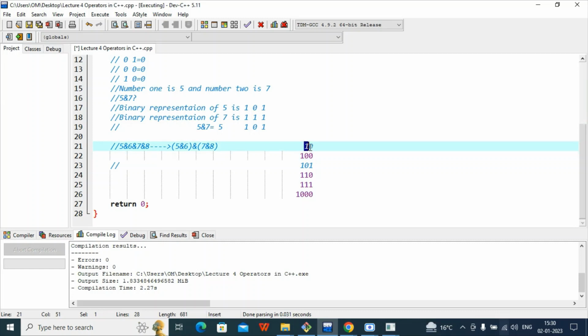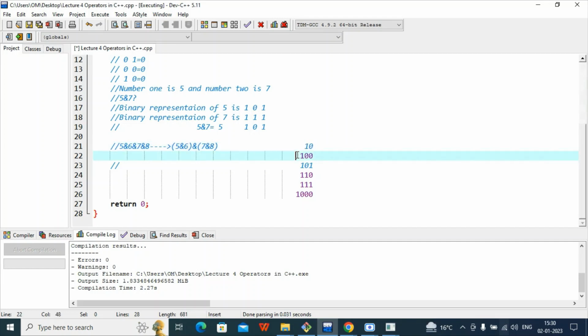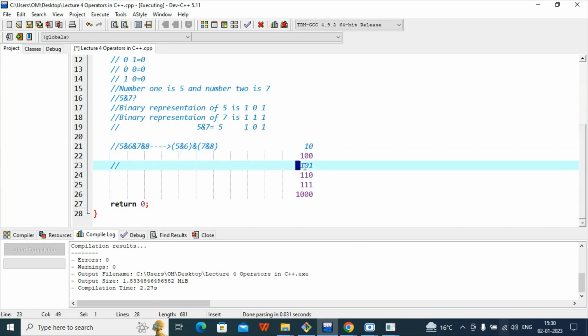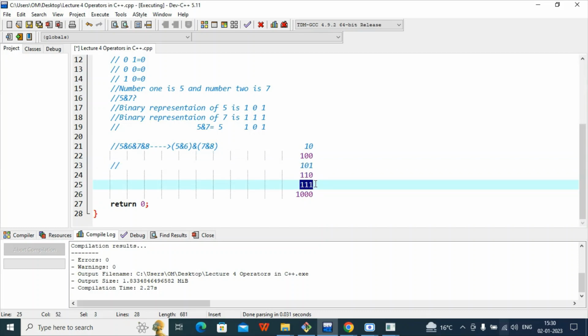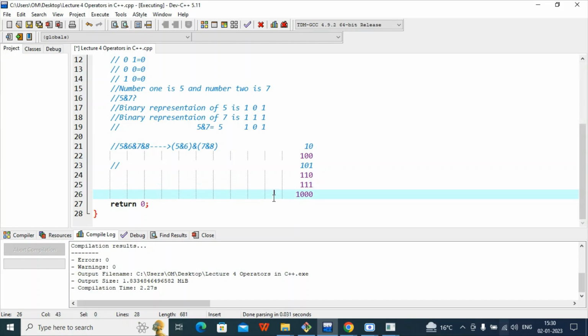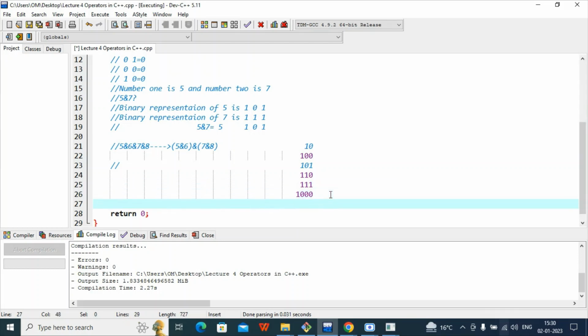So what I'm doing is taking plenty of numbers. I taught you already how to perform the AND operation between two numbers. Now I'm telling you how to perform AND operations with multiple numbers. Here I have taken 6 numbers. How to perform the AND operator? Very simple. With a simple trick, you will get to know this. Mind my words.